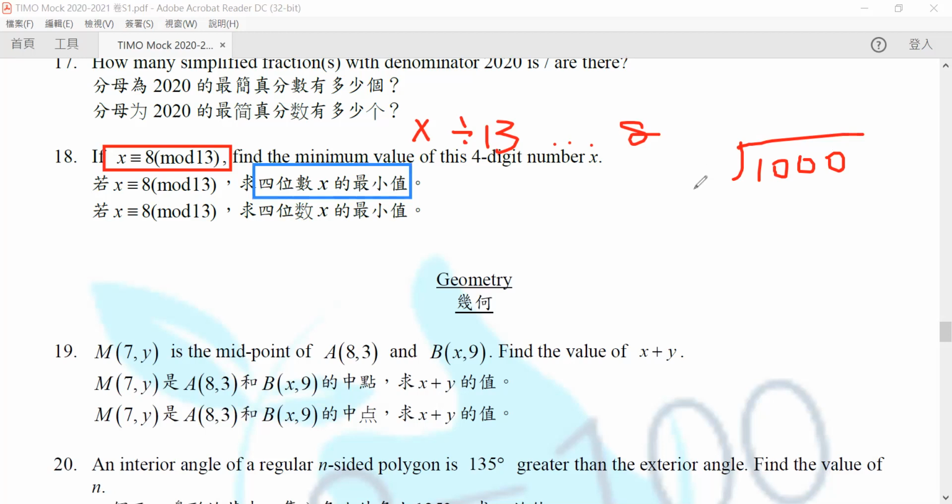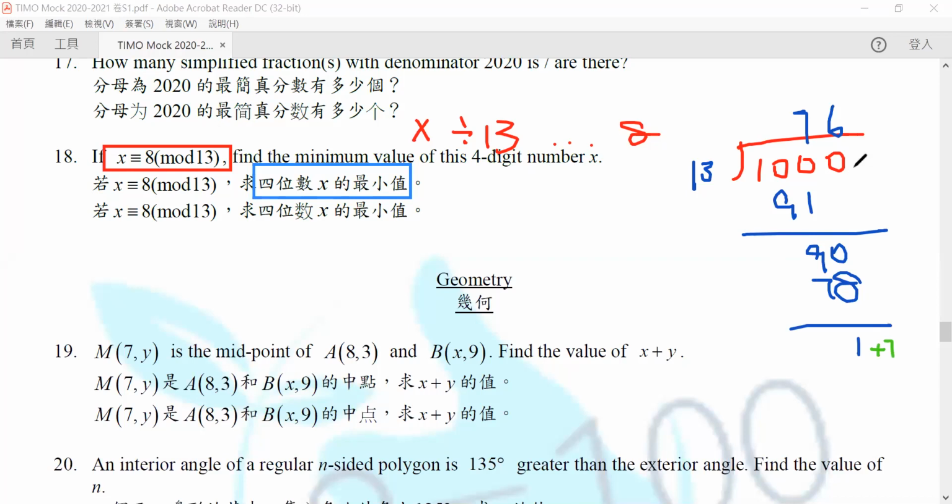The result would be 7, so this is 91, and then we have 9 left. We have 19, so this is 6, and then we have 78, and then we have 1 left. But now, oh no, it should not be 1 left. It should be 8 left. So we need to add 7 to it. So the smallest number must be equal to 1007.